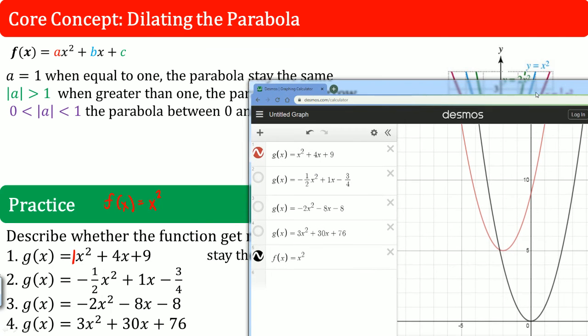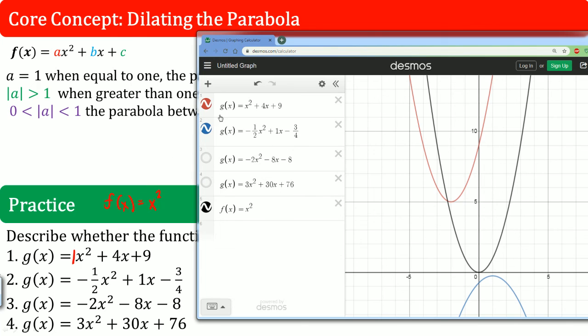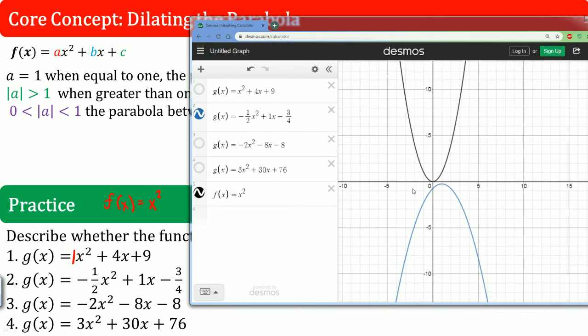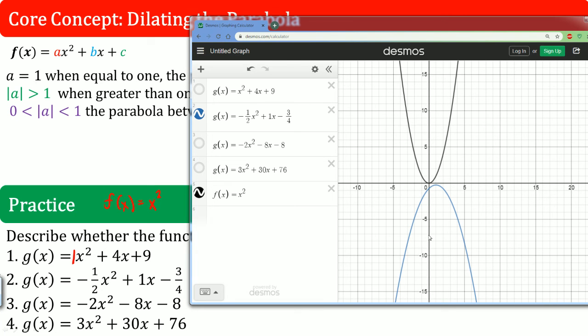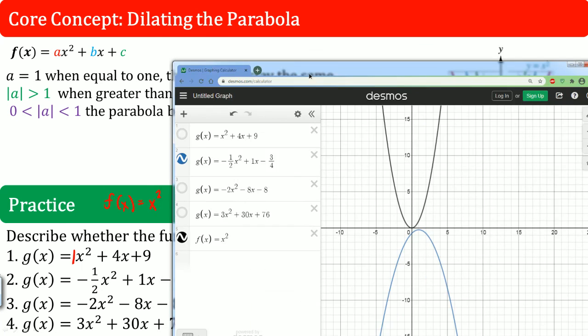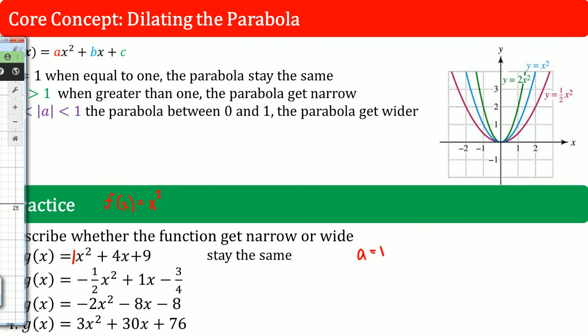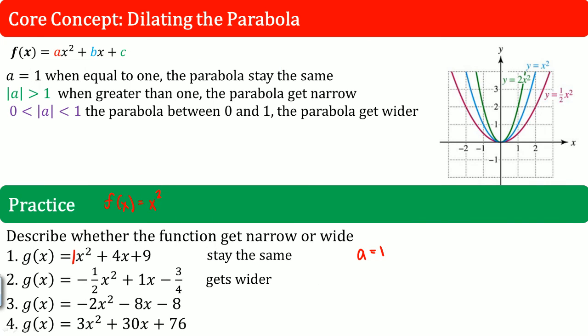The next one, we saw that it flipped, but if we just look at the shape, notice the blue here is slightly bigger, right? The parabola here got wider. So we would say that it got wider because the absolute value of the A is less than 1.